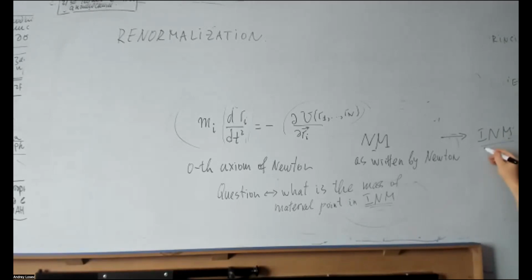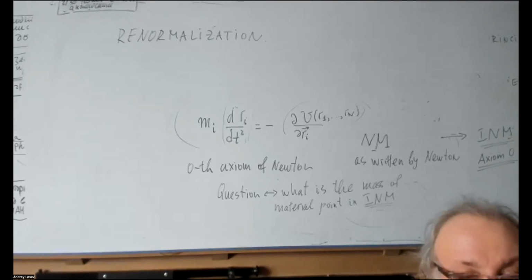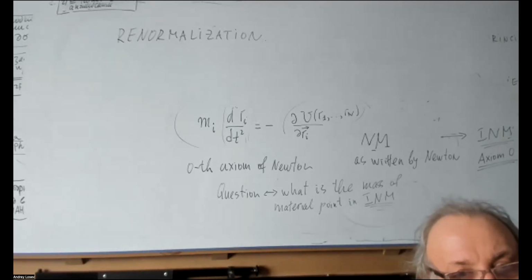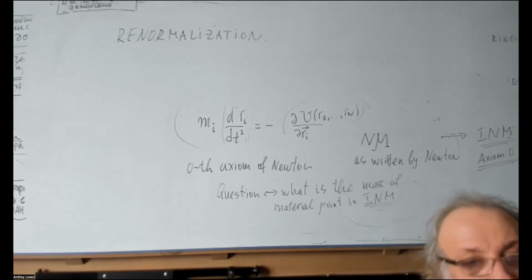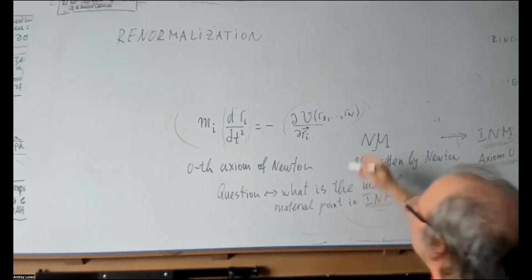In improved Newtonian mechanics, the main thing is to introduce axiom 0. So improved Newtonian mechanics is about material particles. It's not about bodies. And then you can answer most of the questions of self-consistency. Improved Newtonian mechanics is described by this equation.